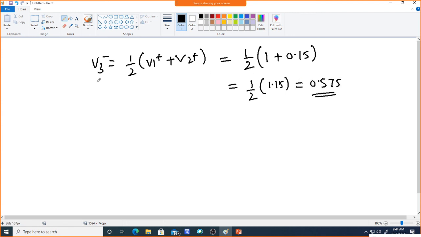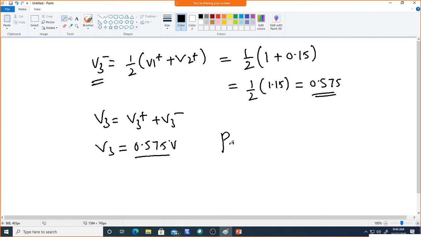So this is the value of V3 minus for the unmatched case. Now what is total V3, which is nothing but V3 plus V3 minus. V3 plus is 0 since port 3 is matched. So V3 minus only, it is having 0.575, where this is the V3 value in terms of volts.